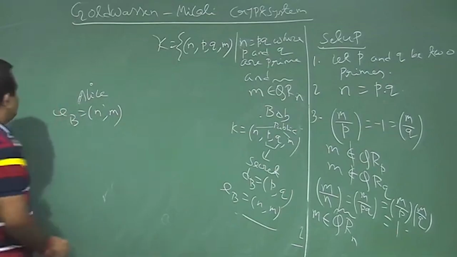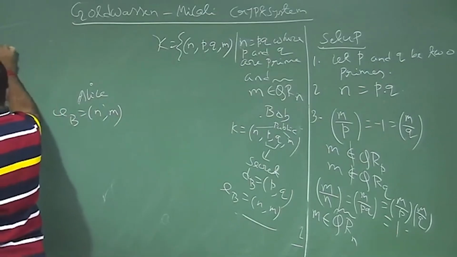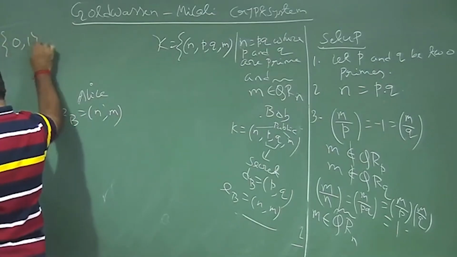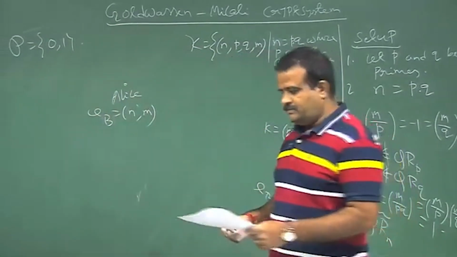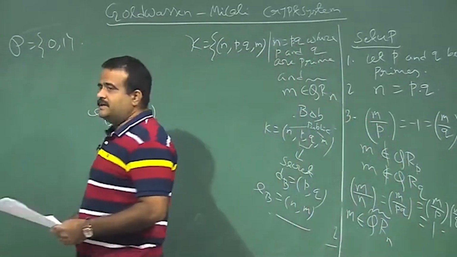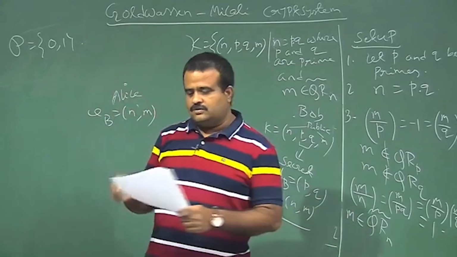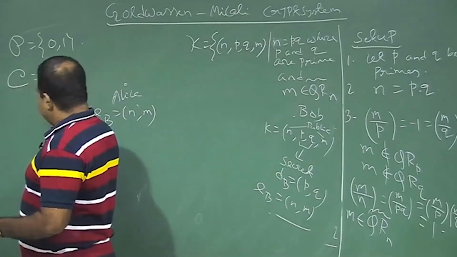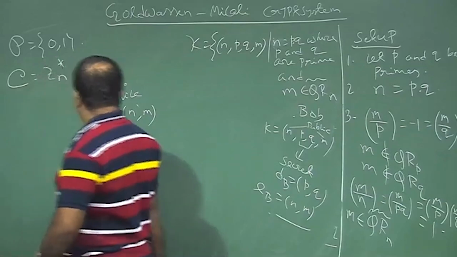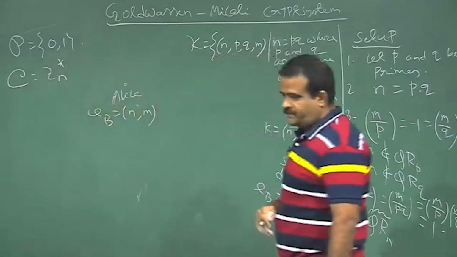Now, Alice wants to send a message. Here the message space is 0, 1, so this crypto system is a 1-bit encryption. We can encrypt X, which is either 0 or 1, and the ciphertext space is Zn star.